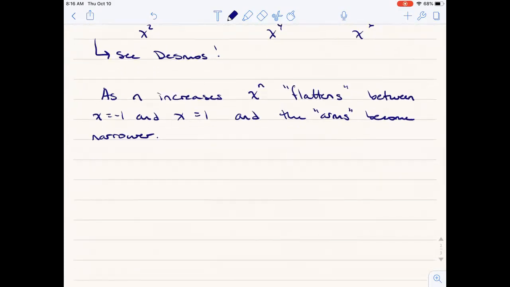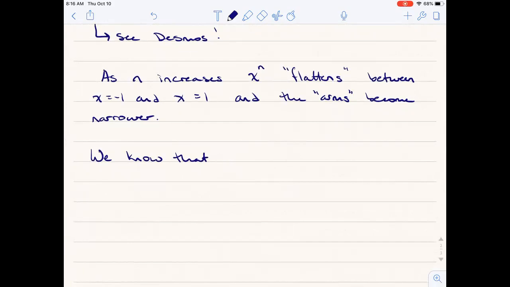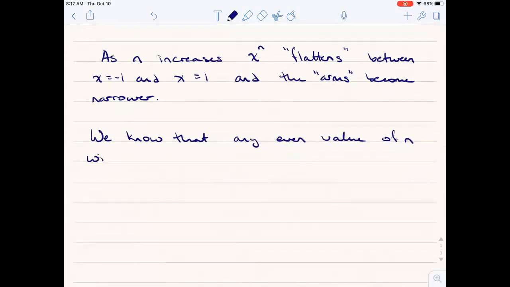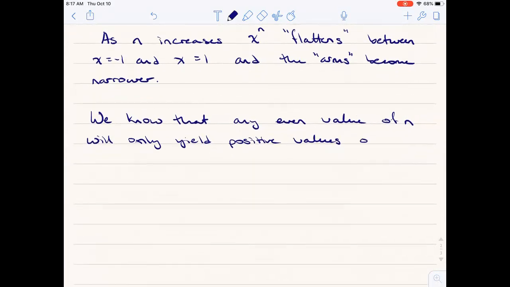And so we know that any even value of n will only yield positive values of x to the power of n.